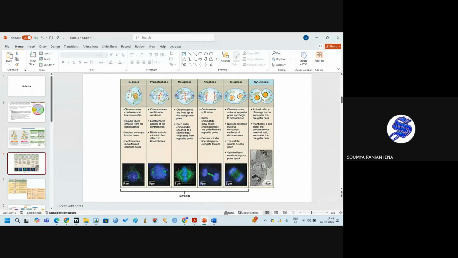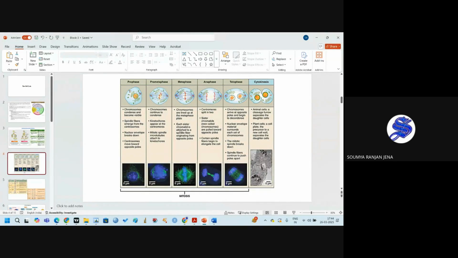This is the mitotic spindle; the spindle microtubules are attached to the kinetochore, and it holds the chromosome at the center. And in metaphase, the chromosomes are lined up at the metaphase plate, that is, in the center.